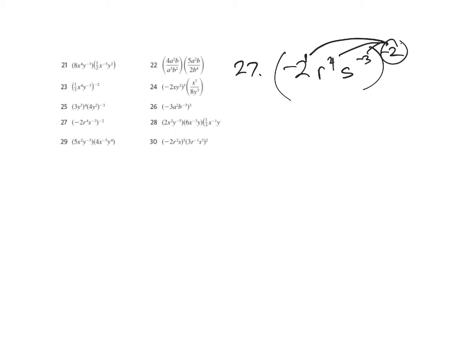Now, I told you on one of the previous problems, if your exponent's negative, you could take the whole thing and put it in your denominator and change that negative 2 to a positive 2. And when you do that, which is really what you should do, if you have a negative exponent on the top or on the outside of a parentheses, flip it all upside down and make it a positive exponent.